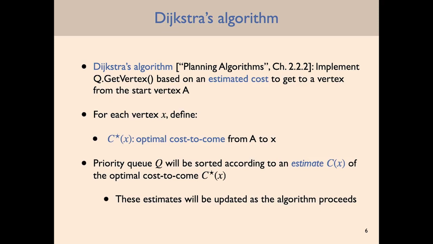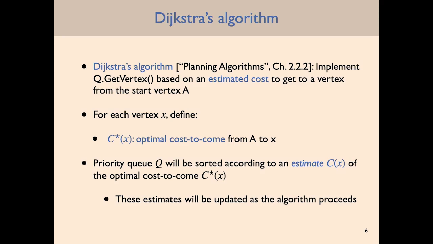Okay, so here's the idea behind Dijkstra, a bit more carefully written out. For each vertex x, we're going to define the scalar quantity C star of x. That's going to correspond to the optimal cost to come from A to x. This is the optimal one, so that's why we have a star there. What we're going to maintain is an estimate of C star, so an estimated optimal cost to come from A to x for each vertex x in our graph.